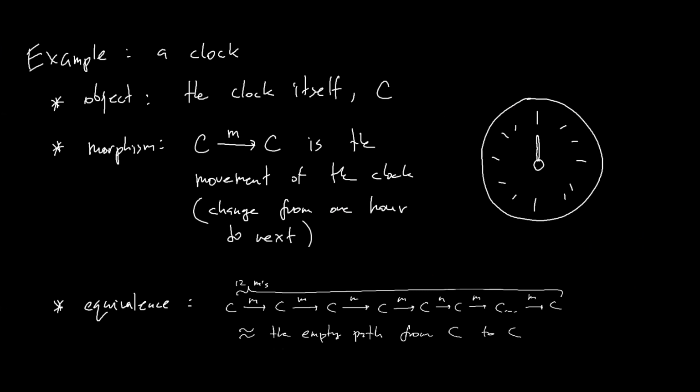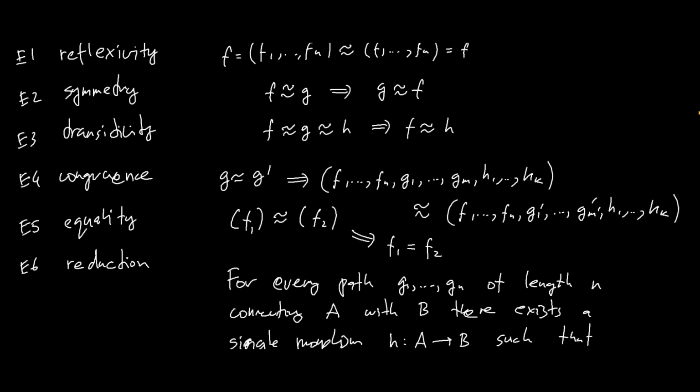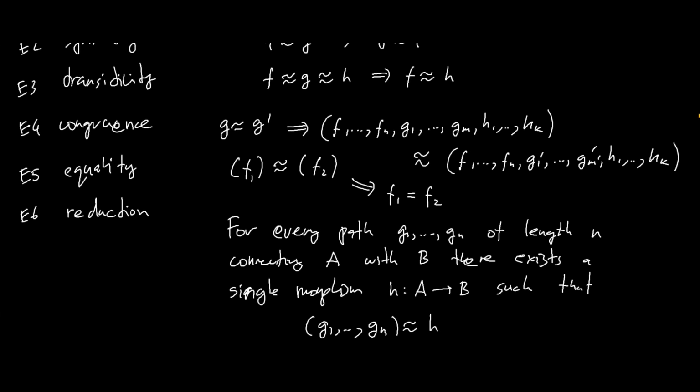Can you remind me the reduction axiom? Yes, of course. The reduction axiom says that for every path of length n that connects A with B, there must exist a single morphism such that that path is equivalent to the path consisting of just one morphism.